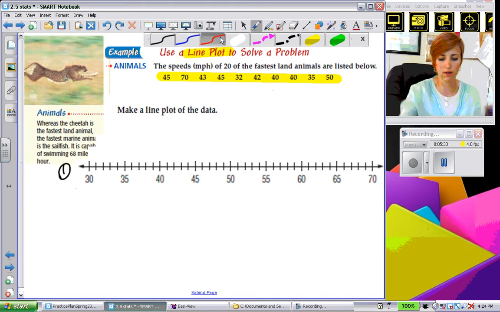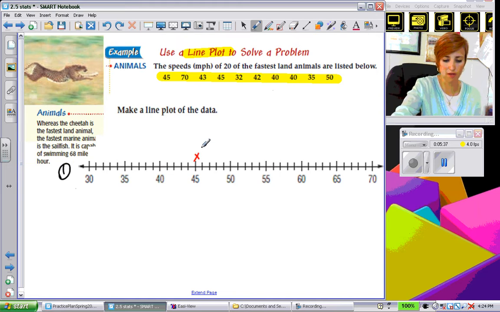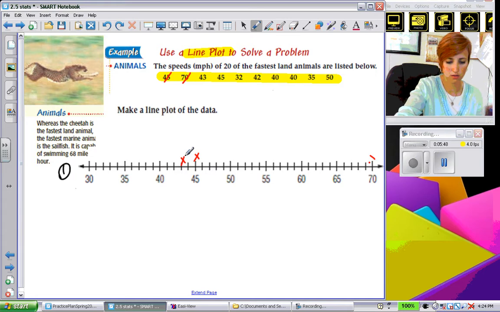Our very first number up here is 45. Next number, 70. Put an X above 70. 43. So go to 40, then up 1, 2, 3. 45 again. 32. Down here, so go to 30 and then up 2.